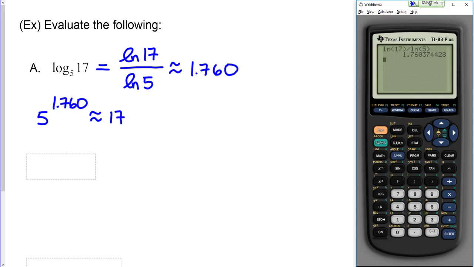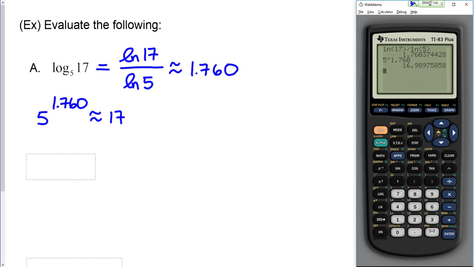Let's try it out. 5 raised to the 1.760, and I've got 16.989, which isn't extremely close to 17, but it's just rounding issues. If I had carried the 1.760 to more decimal places, it would have been much closer to 17.